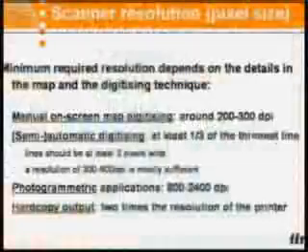If you take a topographic map and want to convert it into vectorized form, the manual method is the best. If you have contours and many lines coming across, you do the semi-automatic method. If you have a clean map of only one layer, you do the automatic method. In case of manual digitization, you require 200 to 300 dpi.